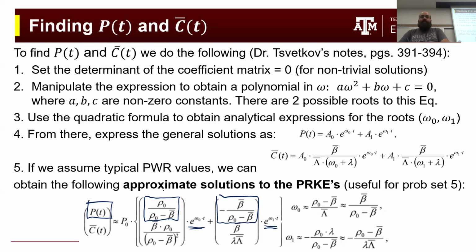This is basically my A0 and my A1. I just wanted to make sure that was clear, because that means that this CI is P0 times this guy, which would be my B0 multiplied by that exponential term. And then this guy right here would be my B1 multiplied by that guy. If you were looking at that before, it might have looked confusing because they wrote these things right on top of each other, but that's all that's going on.